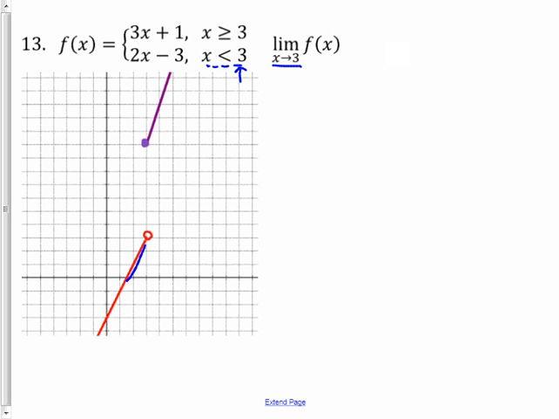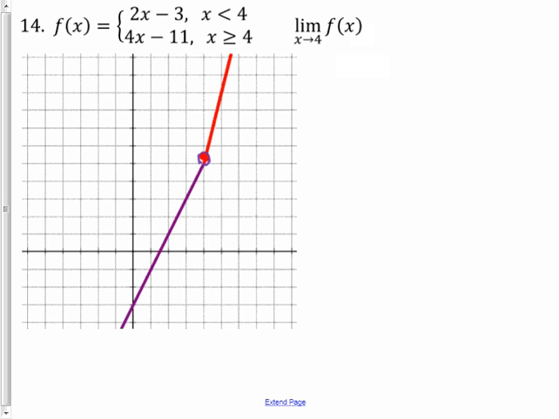So going here, we approach a value, it looks like it's about positive 3. But on the right side, we are way up here, because on the right side, we are approaching 3 from above 3. So 3.001, 3.1, 3.0001. And we're at this point, which is much higher. Since they do not match, this is also a does not exist.